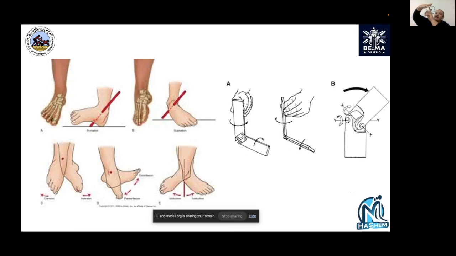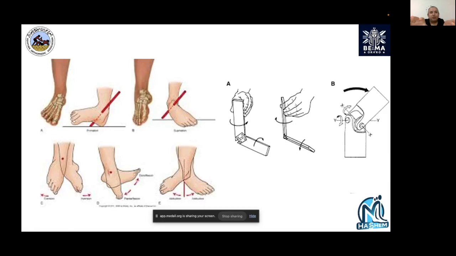Attached to the navicular, it does invert, and attached to the cuneiform, it does adduct. And dynamically on the other side, when you dorsiflex, peroneus brevis goes into action. What it does is evert and abduct because it's attached to the base of the fifth. Okay.